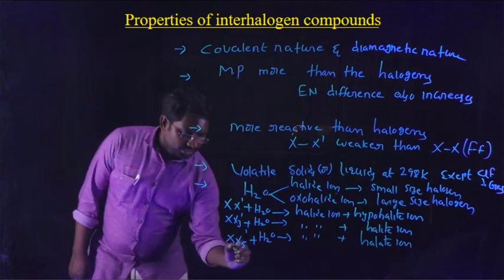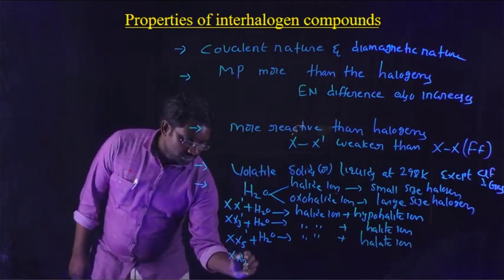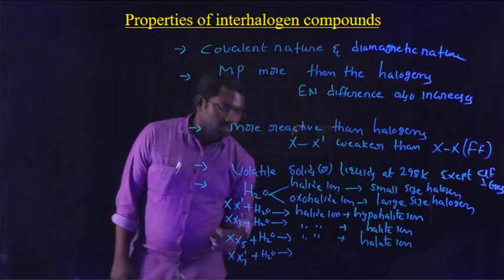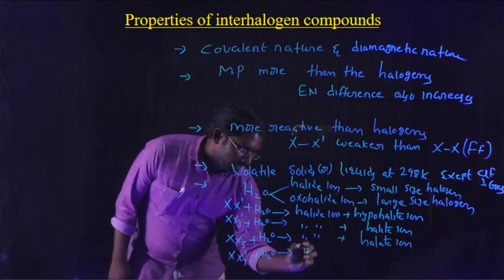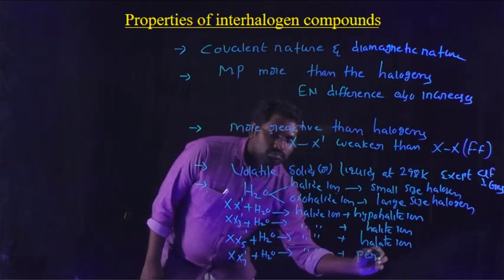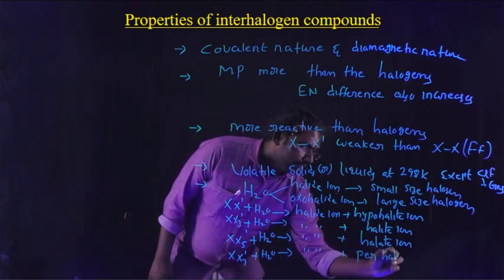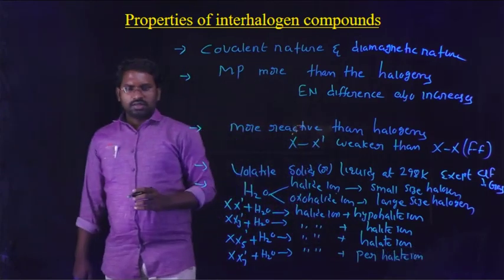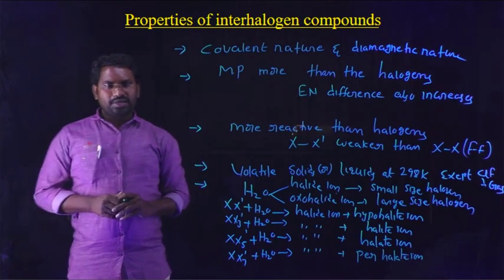In case of XX7 type, dissolved in water, it also forms halide ion and perhalate ion. So these are all important properties of interhalogen compounds.